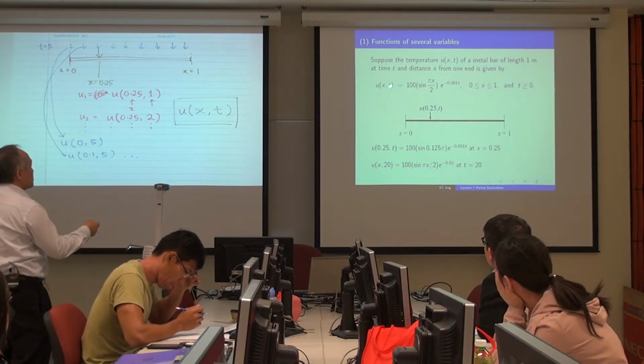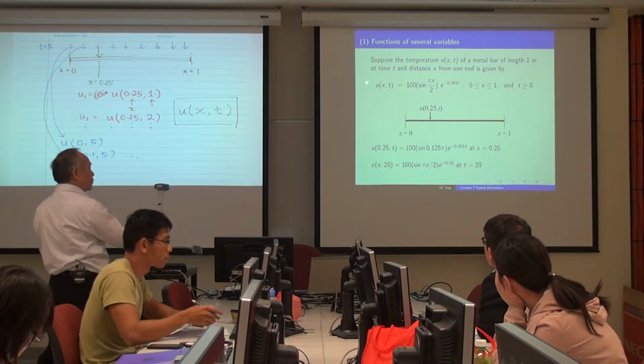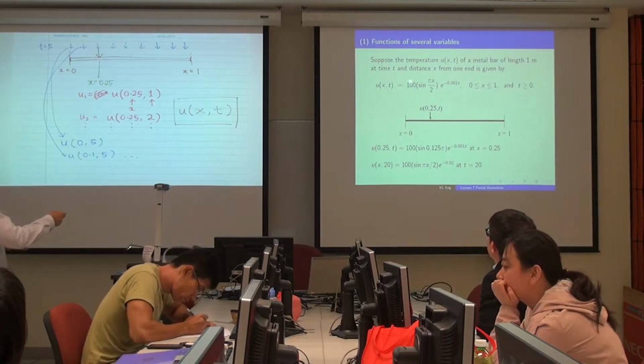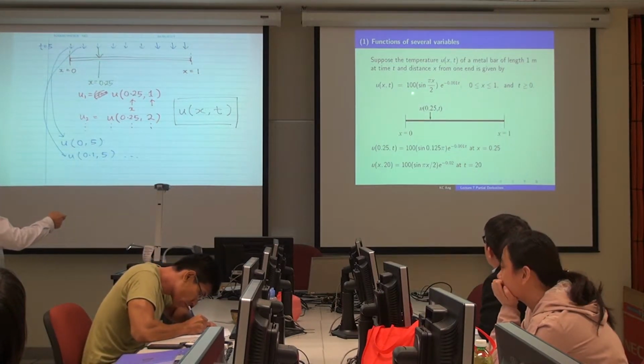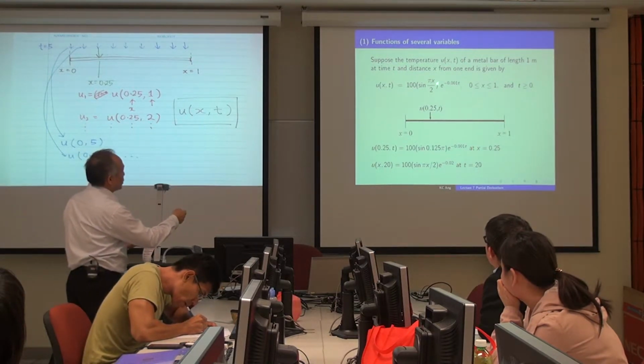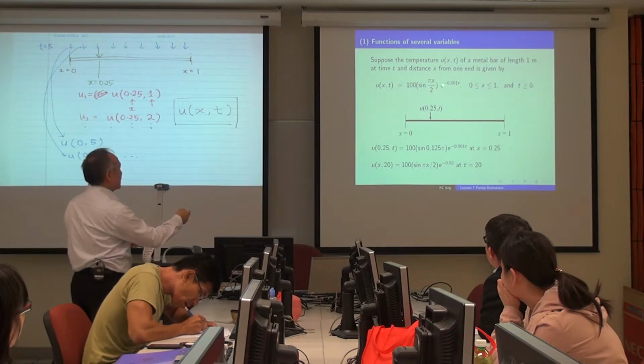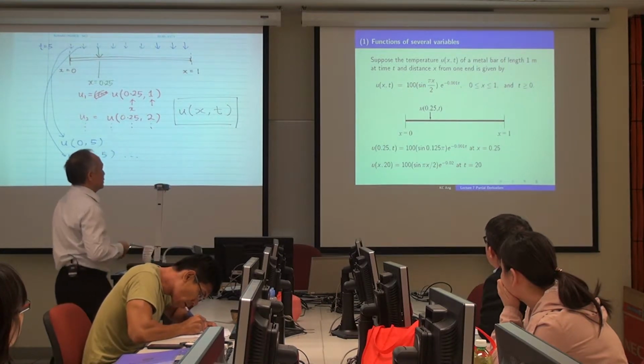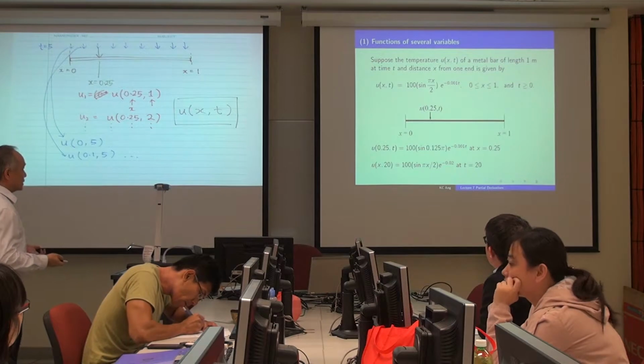In this instance, maybe we have a formula to represent that temperature. In this formula, for example, you have an x and a t. These are the two variables. The rest are all just known constants or functions.